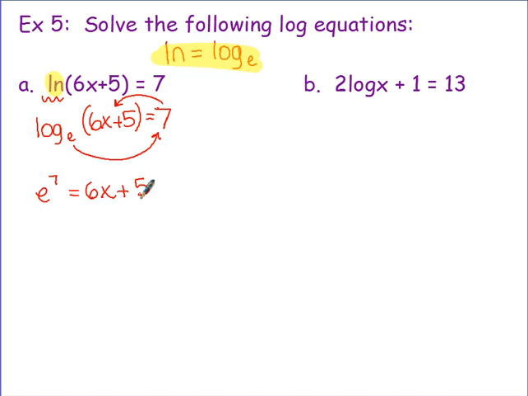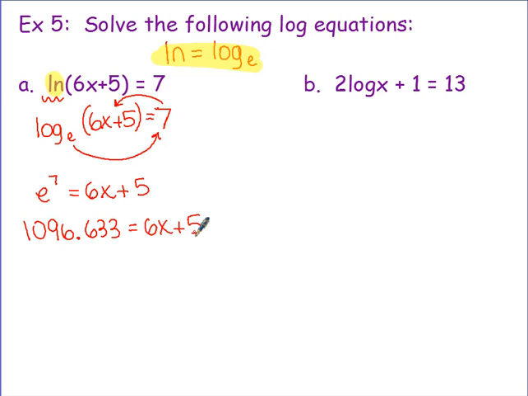Well, we have an E button, so if you use your E button, E to the power of 7 is a big, long decimal. Yes, you may round. So it's 1,096.633. We're going to use 3 decimals like we did last class. And that equals still 6x plus 5.